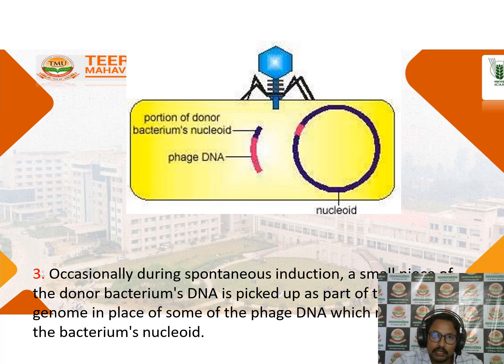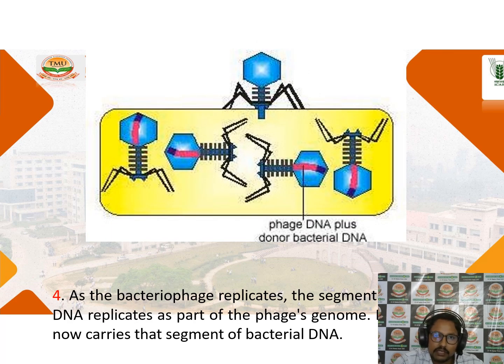But at some point in future, if there is some favorable condition, again this phage DNA will separate from the original bacterial DNA, and at the time of separation, you can see here the phage DNA will be separated. Along with that, some donor DNA will also come along with this phage DNA, and both DNAs will be included into the phage particle, after the multiplication of several copies of the DNA.